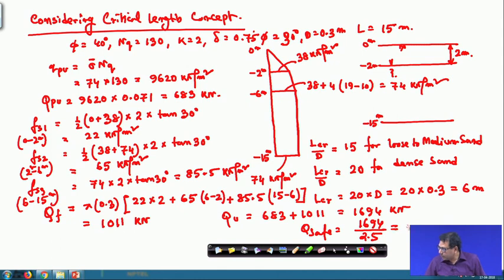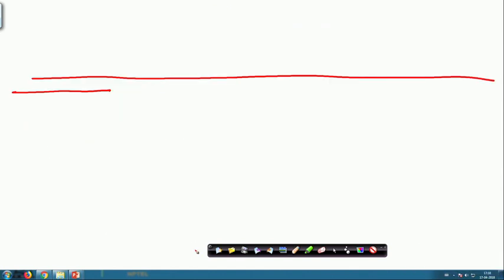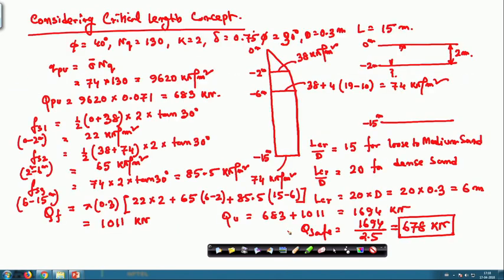So, that is equal to 678 kilonewton. So, if you look at the previous problem, this 1133 is without considering the critical length, and which is further reduced, and it is 678 kilonewton if I consider the critical length concept.